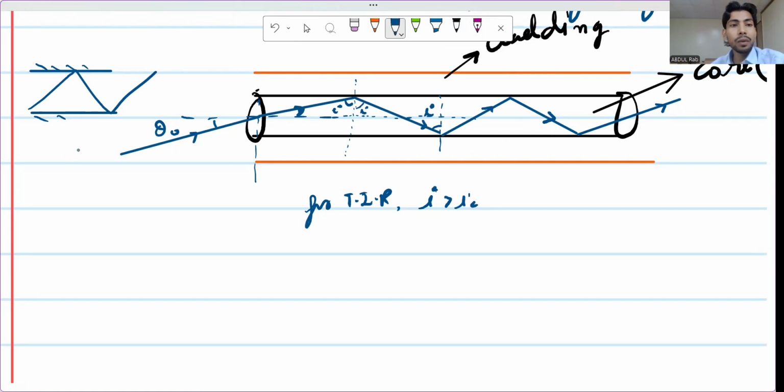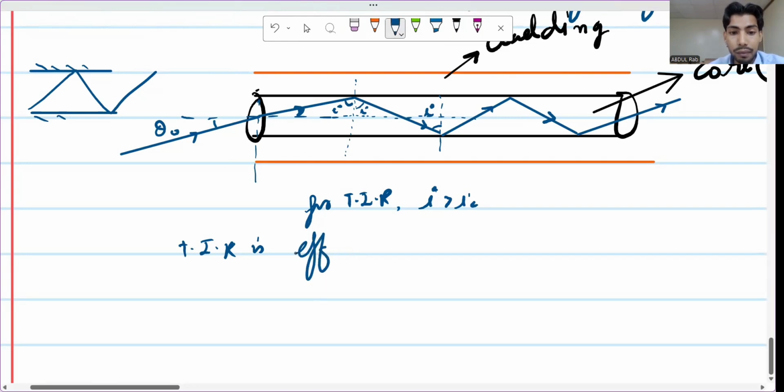I have told you already that TIR is more than 90% efficient.